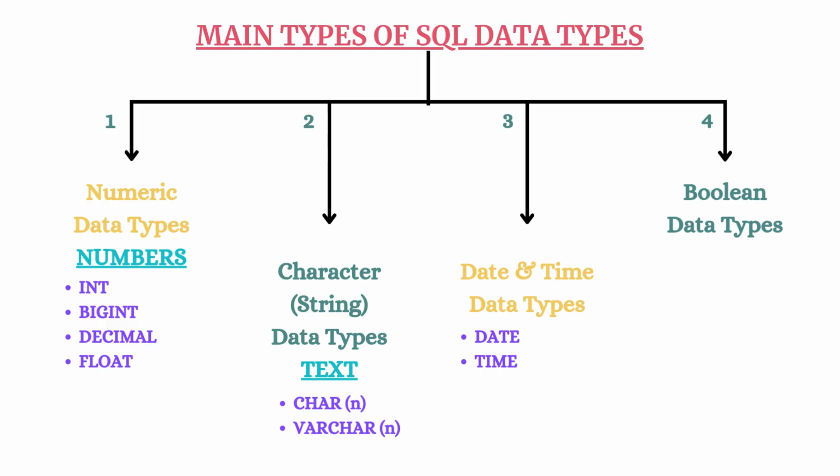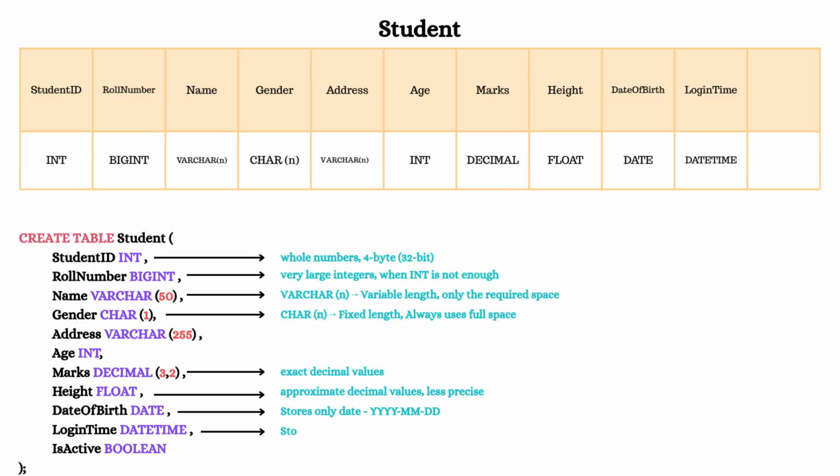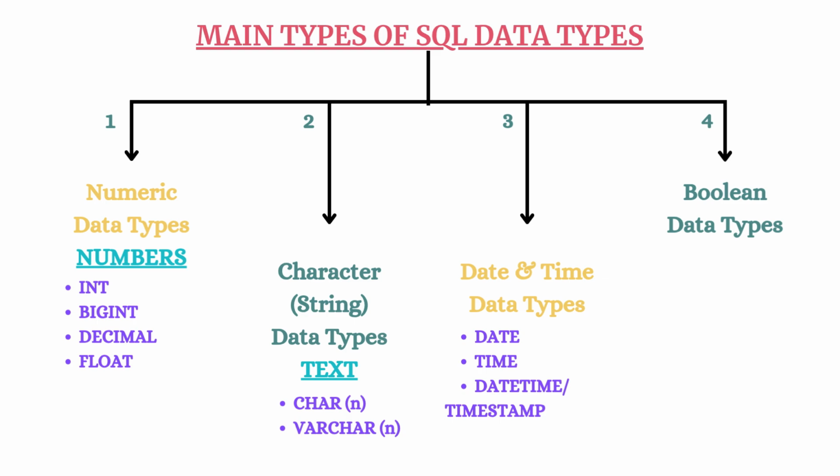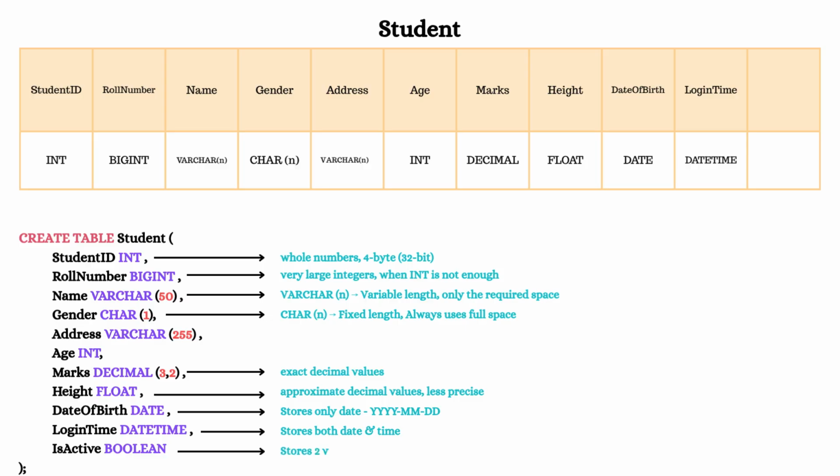Next is the datetime or timestamp data type, which is used to store both date as well as time. In this example, we are using it to store the login time, which stores both date as well as time. And finally, the last data type in SQL data types is the Boolean data type, which is used to store two values, that is true or false, 1 or 0.